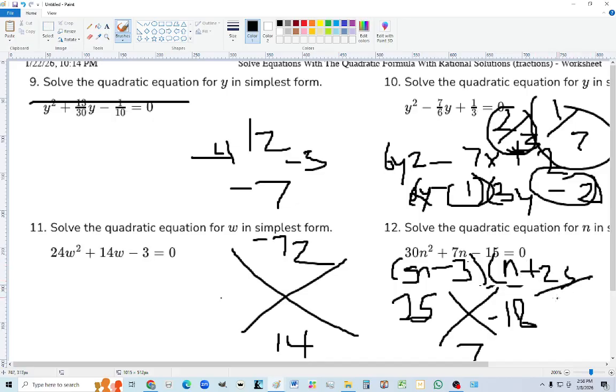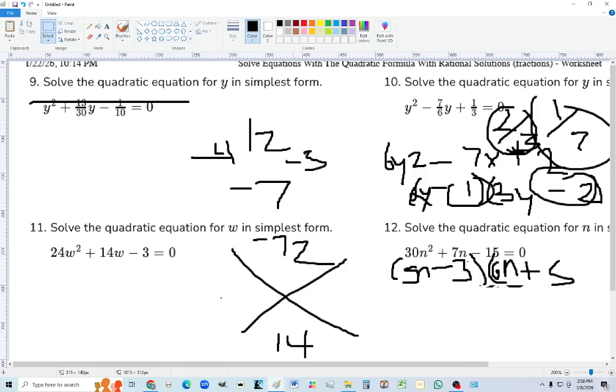When I divide by 30, they're both divisible by 5. This becomes a 6. This becomes a 5. So it's 6n plus 5. So 5n minus 3 and 6n plus 5, which means the solutions are n is equal to 3 over 5, or n is equal to minus 5 over 6.